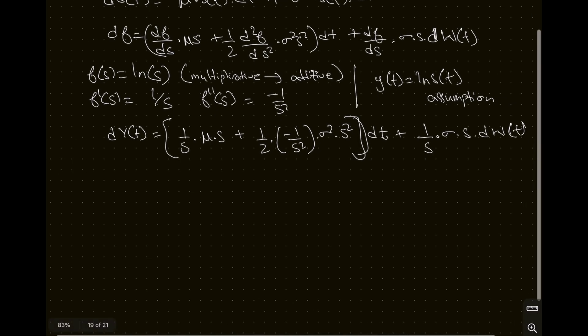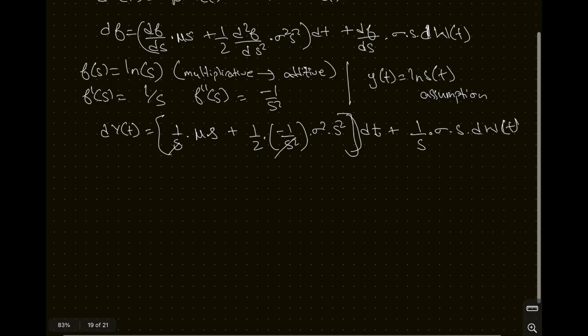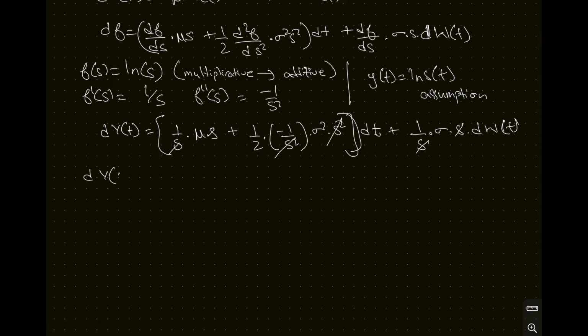So this is what we have. S and S get cancelled, S squared gets cancelled, and we have dy of t equals (mu minus half sigma squared) dt plus sigma dW of t.